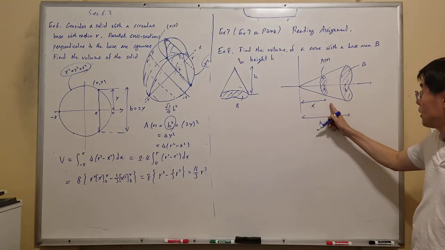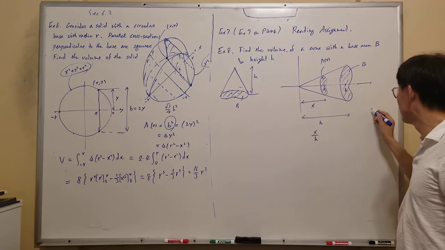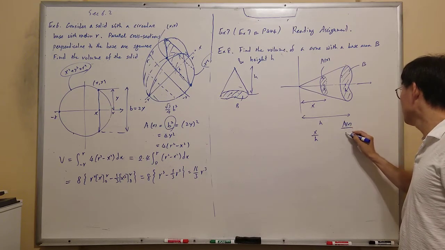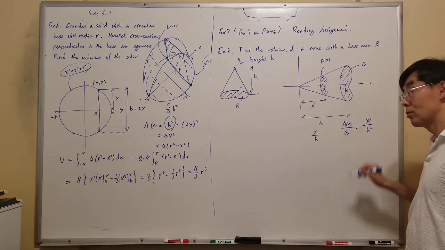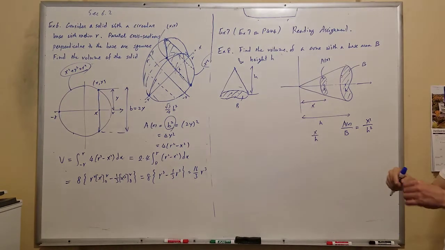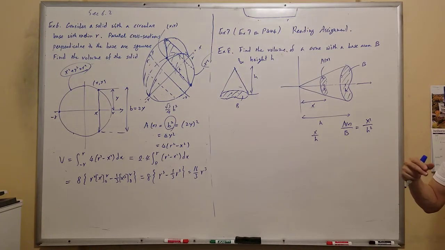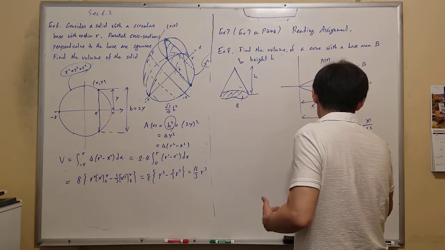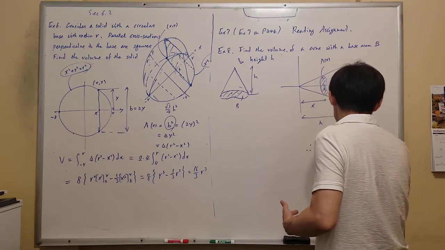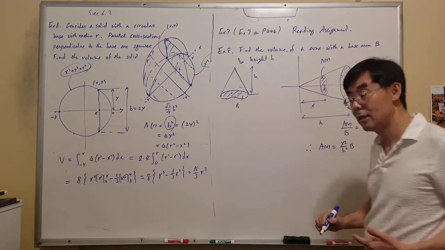When you have a similar figure and length ratio is X to H, then your area ratio will be square of the length ratio. Remember? If length is 1 to 2, the area will be 1 square to 2 square. Alright? So that means, therefore, your A of X is just X squared over H squared times B.